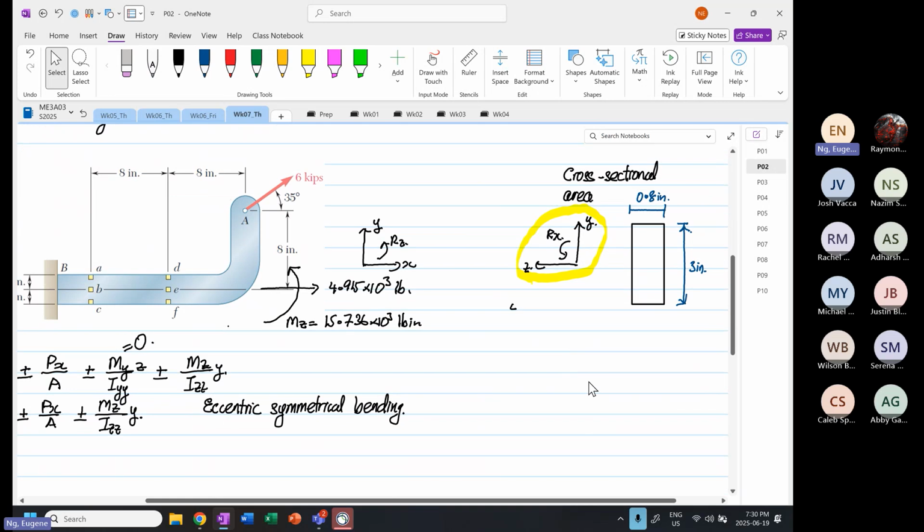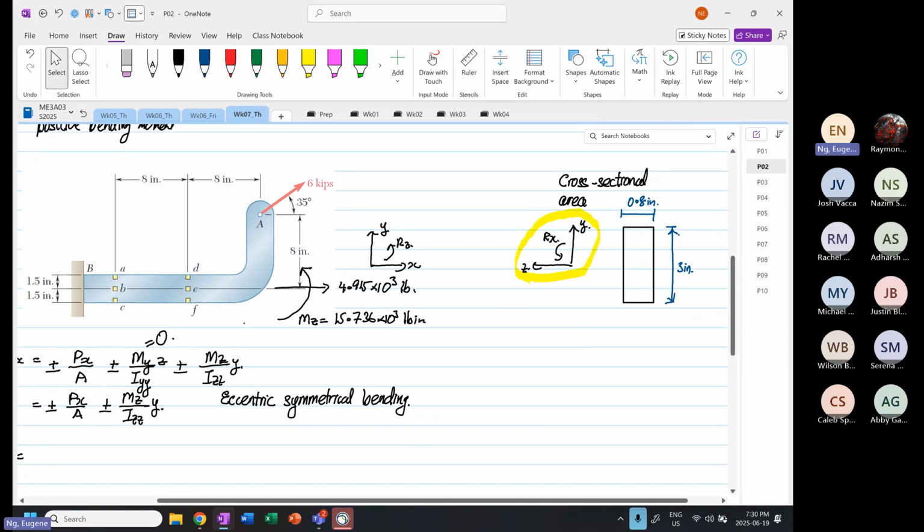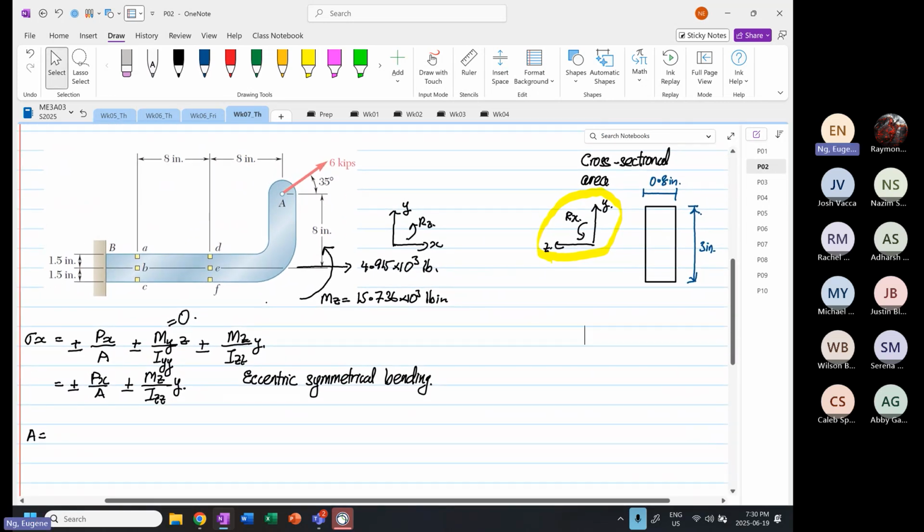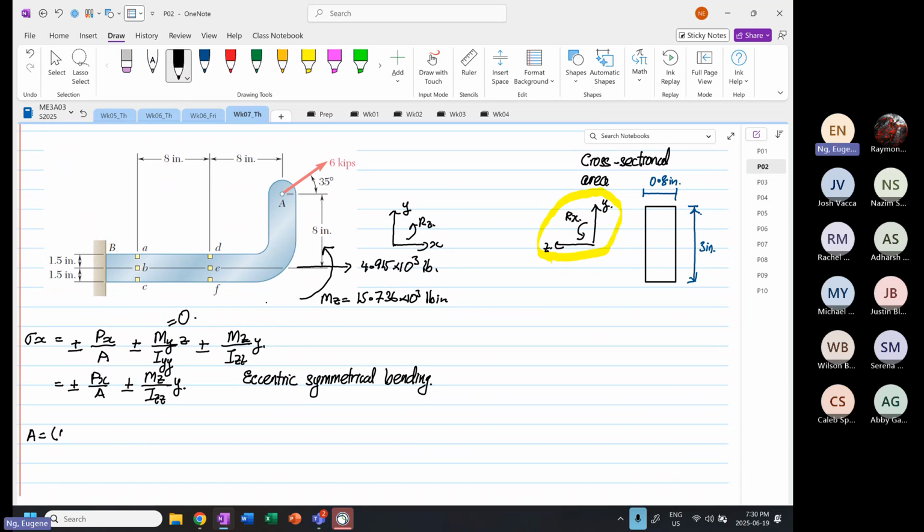That is the image. So the cross-sectional area is 0.8 multiplied by 3, which is equal to 2.4 inches squared. The next thing that we have to find is our Izz.